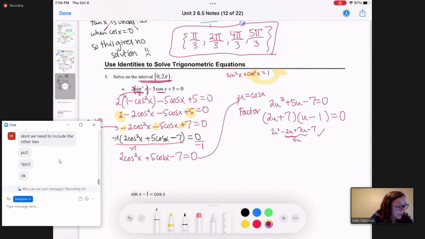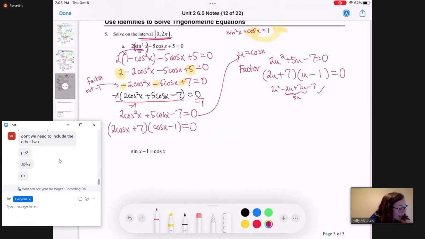So that means I can go back to my problem and fill this in with cosine of x. So (2 cosine x plus 7)(cosine x minus 1) equals 0. And then I do exactly what I did before. So I have 2 cosine x plus 7 equals 0, which I'll subtract 7.